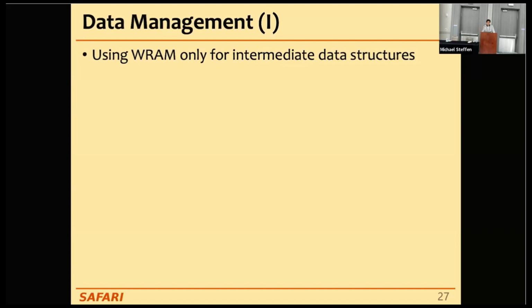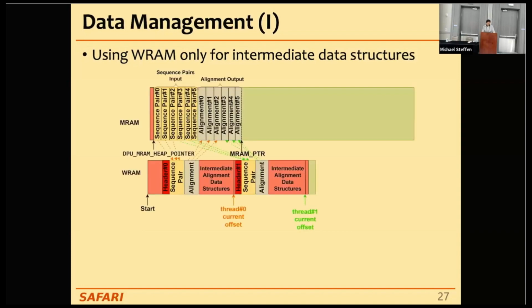It only uses the scratchpad for the intermediate data structures. When we say intermediate data structures, we mean, for example, the dynamic programming table in Needleman-Wunsch or Smith-Waterman, or the wavefront itself in the wavefront algorithm. So the way that we are going to use MRAM and WRAM is more or less like this.